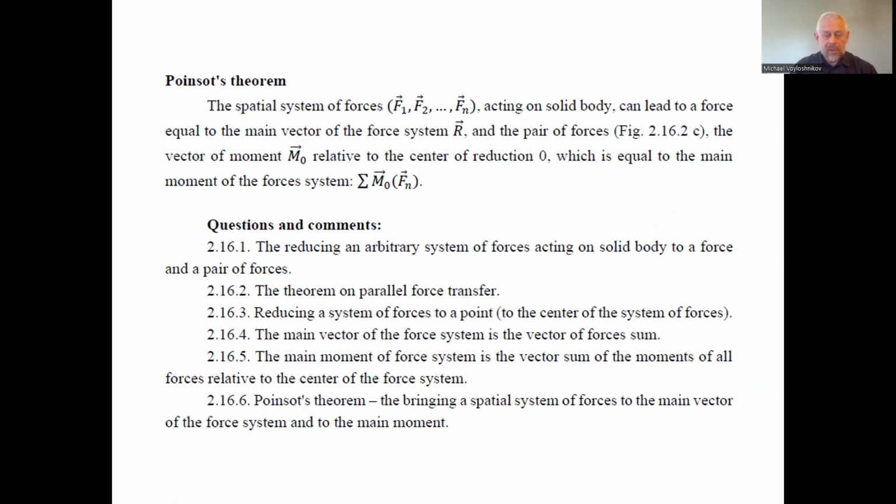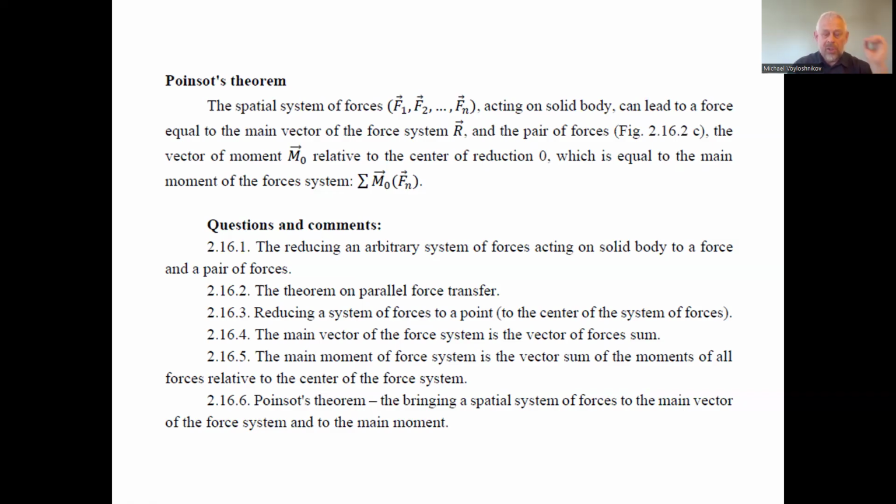216.1, reducing an arbitrary system of forces acting on a solid body to a force and a pair of forces. To each of the assigned forces of the system, we can put at any arbitrary point in space defined by the Cartesian coordinate system a couple of forces, parallel by the line of action with each assigned force, with the same magnitude as each assigned force, but in opposite directions.